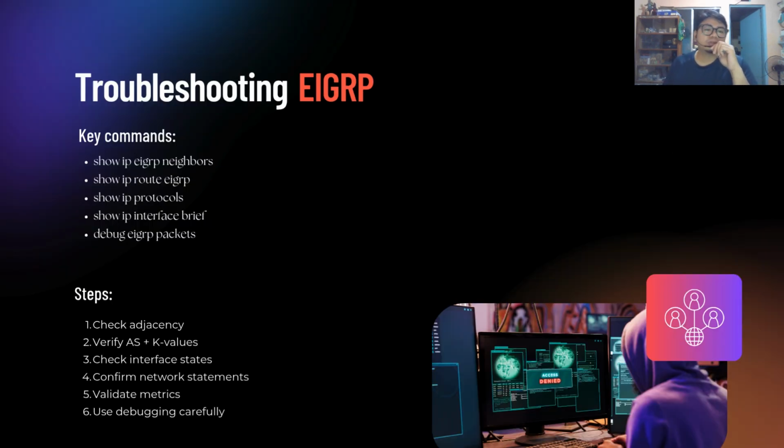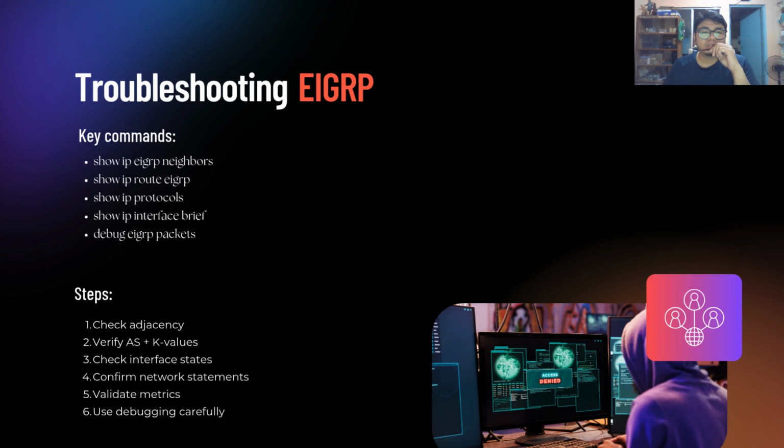The first step in troubleshooting EIGRP is to check neighbor adjacency using show ip eigrp neighbors. If no neighbors appear, suspect AS mismatches, K value mismatches, or interface issues. Next, verify the router's configuration with show ip protocols to confirm the correct AS number and network statements.